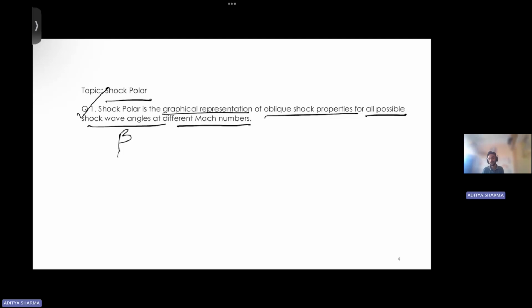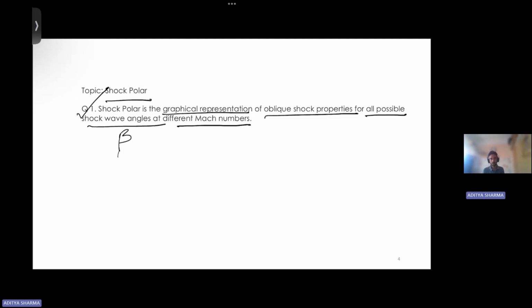But from our knowledge, what we have seen is that, yes, indirectly we can say that beta is also included in it, but we link this shock polar to the deflection angle of this particular flow direction, right? By virtue of which we get oblique shocks.